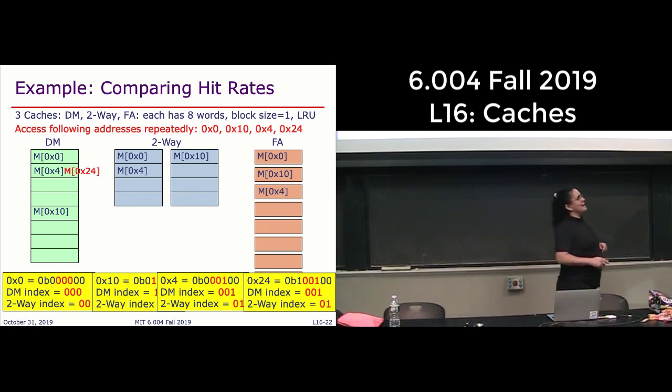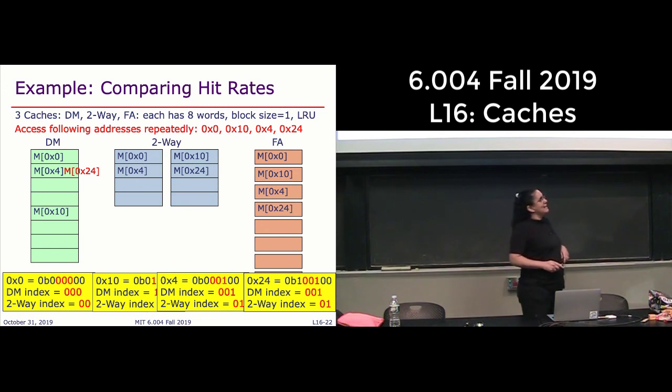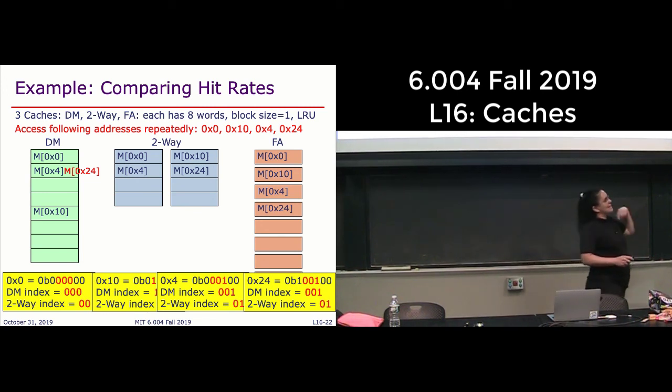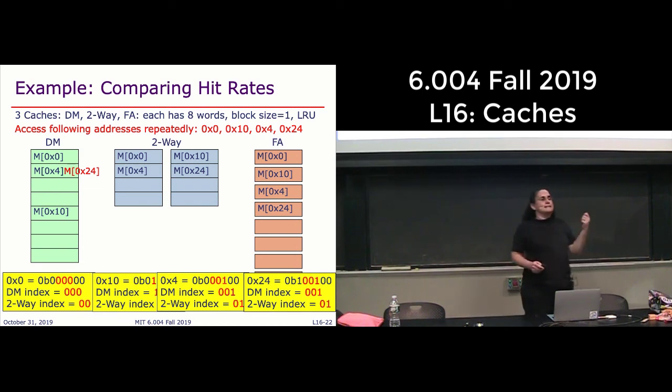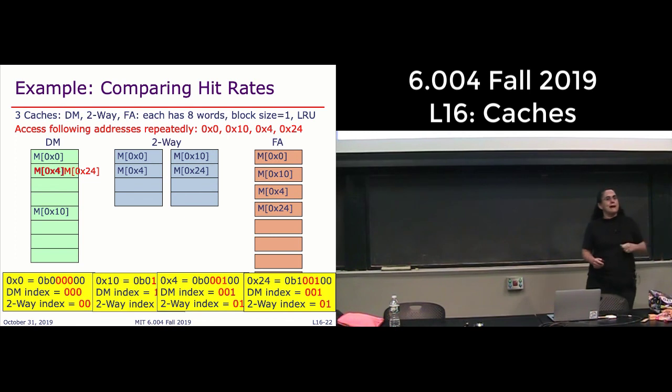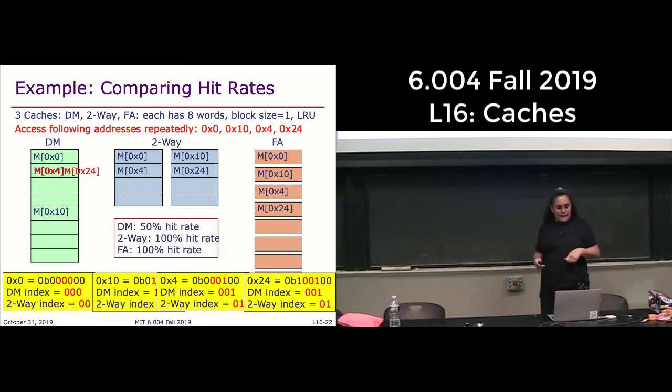So as I loop back through these instructions, the 0x4 and 0x24 addresses are always going to miss. That gives the following hit rates: on my direct mapped cache, a 50% hit rate, whereas in my 2-way set associative cache, a 100% hit rate, and in my fully associative cache, a 100% hit rate as well.